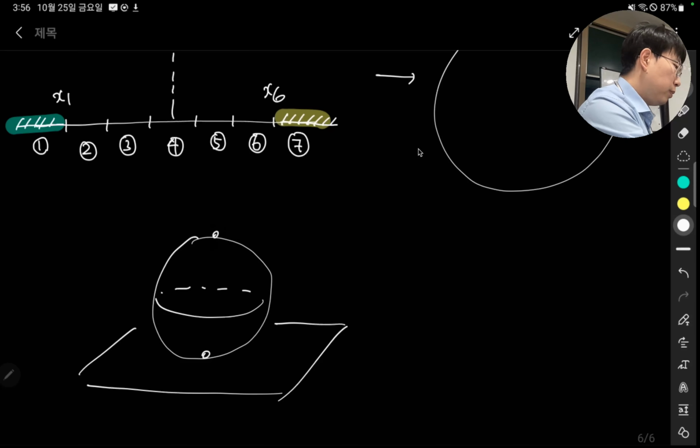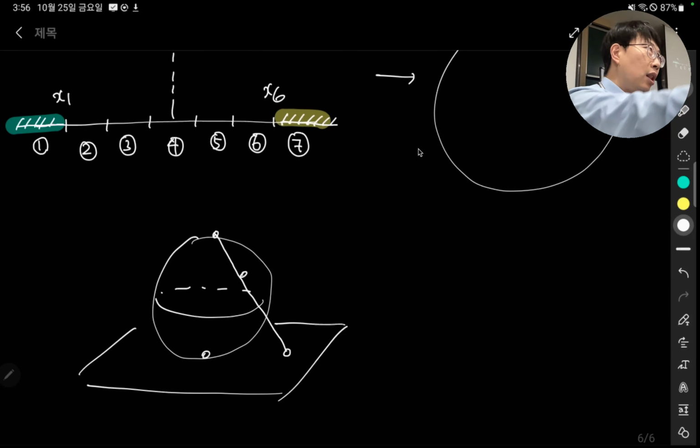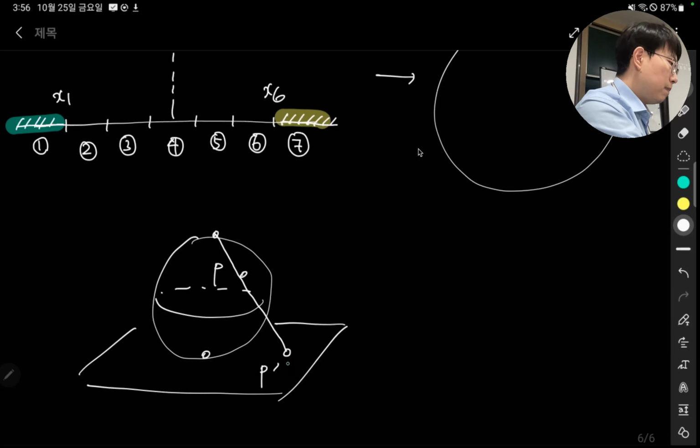If you have a north pole and another point P on the sphere, and you connect them with a line and extend the line to the plane, you get P prime on the plane. Then every point on the sphere can be mapped one-to-one to the plane, except for one point. The North Pole has no point corresponding to it.